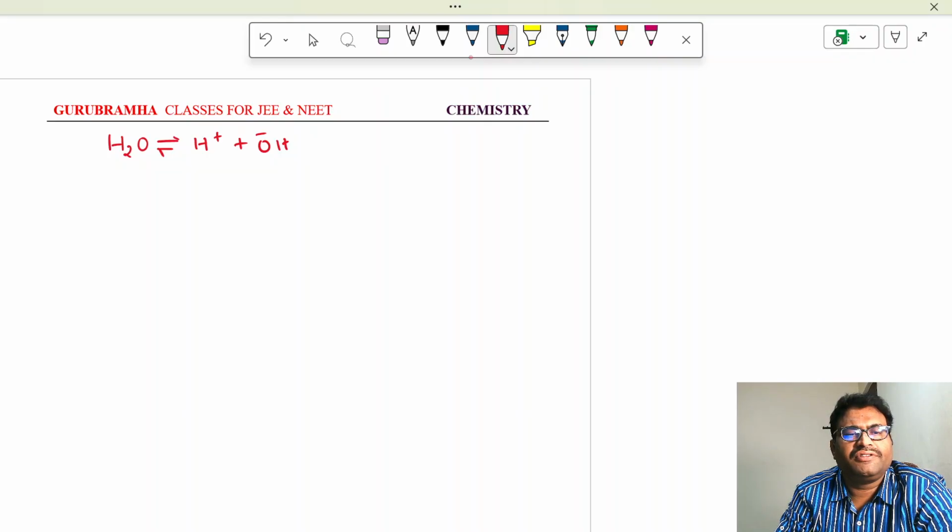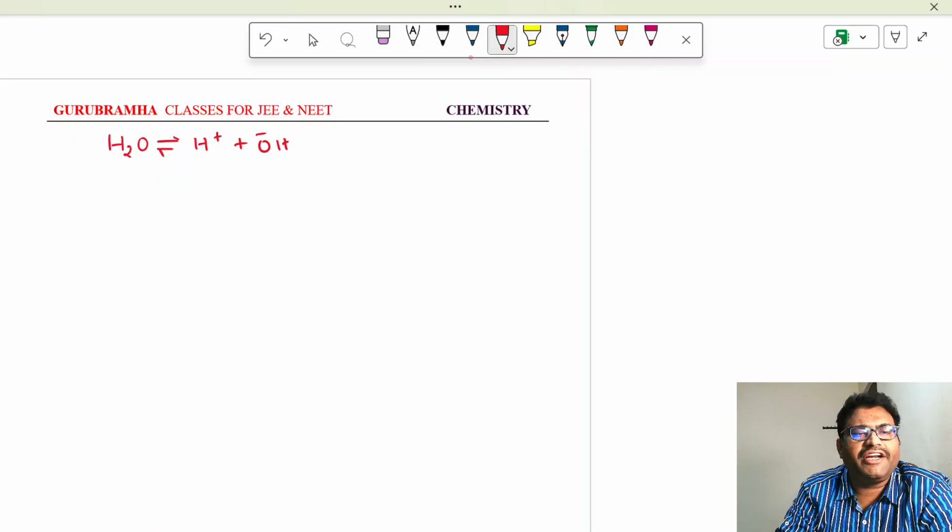Now let us write the equilibrium constant for this. We know how to write the equilibrium constant. So K equilibrium is equal to H plus ion concentration into OH minus ion concentration, divided by H2O concentration.